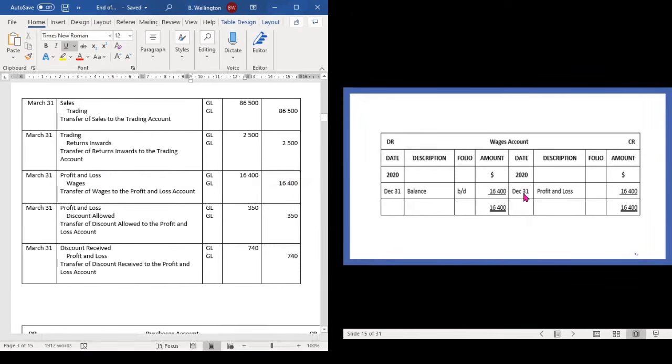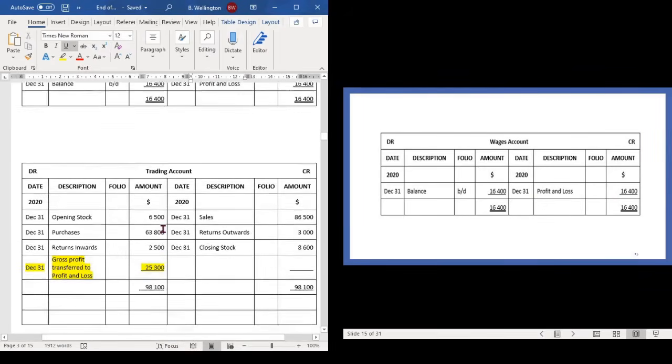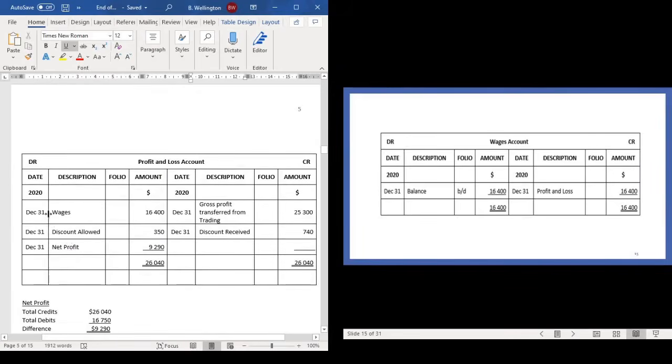So here is the credit entry in the wages account, and let's find that corresponding debit entry in the profit and loss account. Here is the profit and loss account, and there is the entry where you are debiting the profit and loss account with the $16,400.